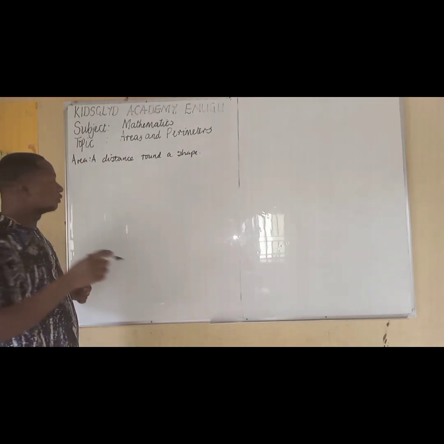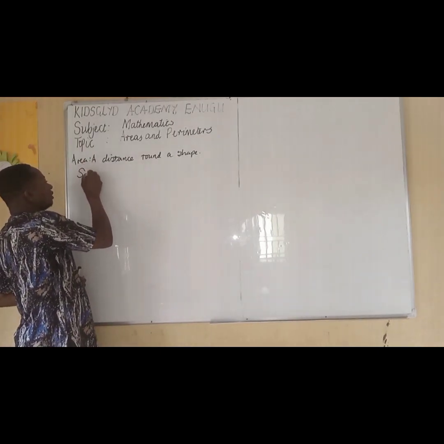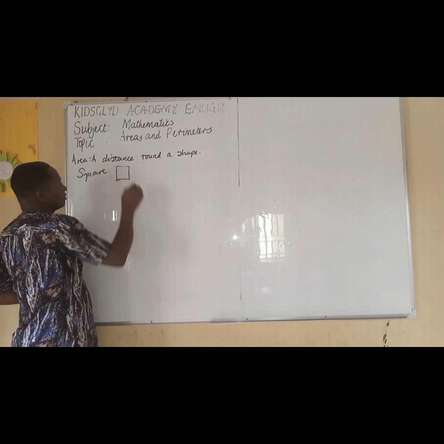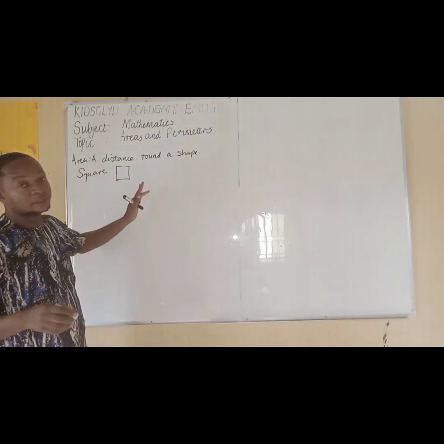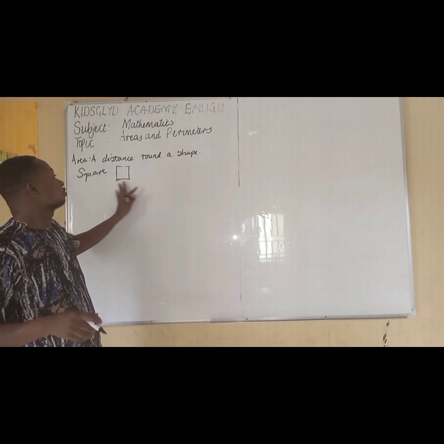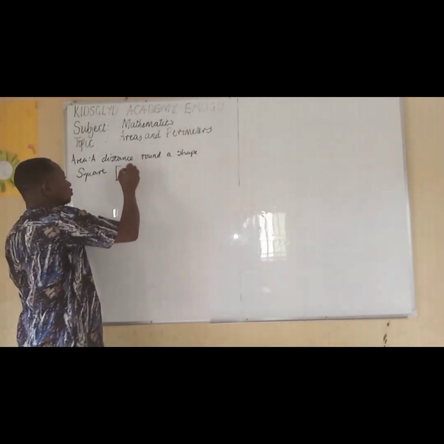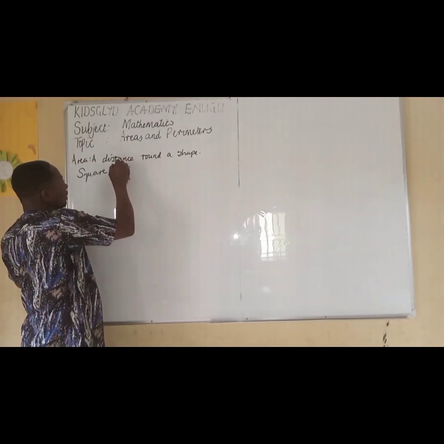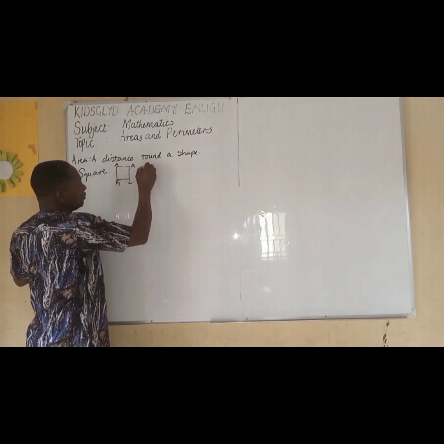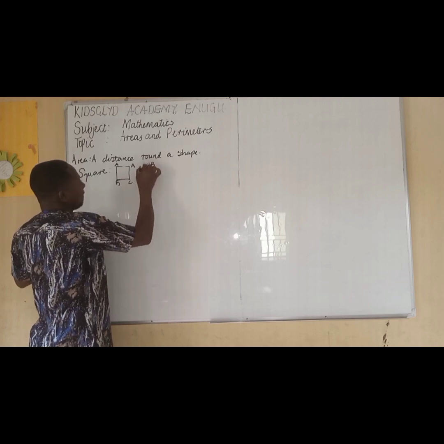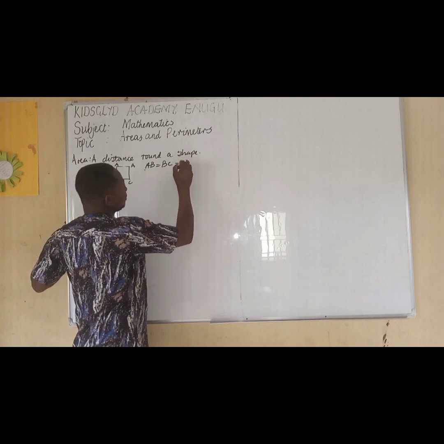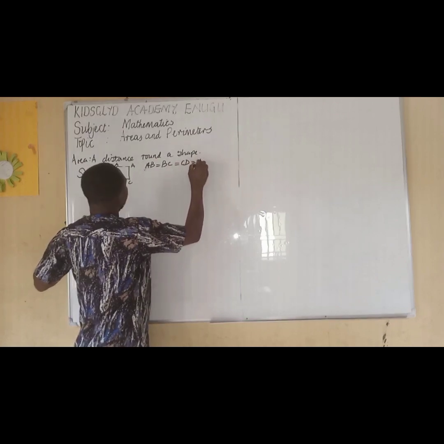Now, for example, let's start with the square as a shape. A square has a total of 4 sides, and they are all equal. So this is A, B, C, and D. AB is equal to BC, which is equal to CD, which is equal to AD.